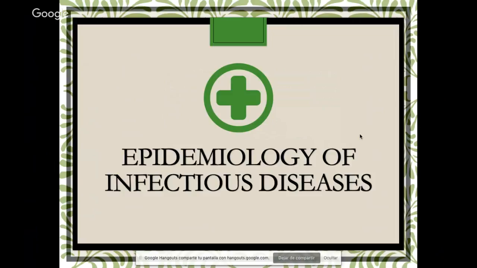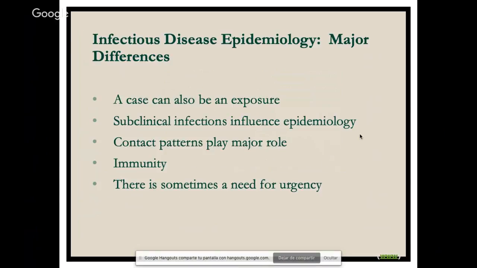So, what is the epidemiology of infectious diseases? Here are some differences. First, a case can also be an exposure. So epidemiology is in charge of studying how a case infects other populations.